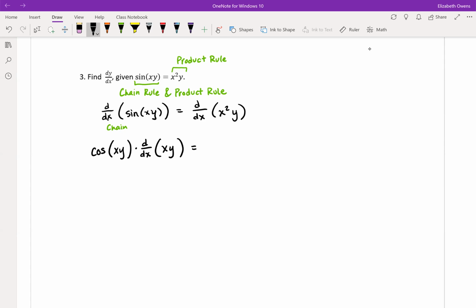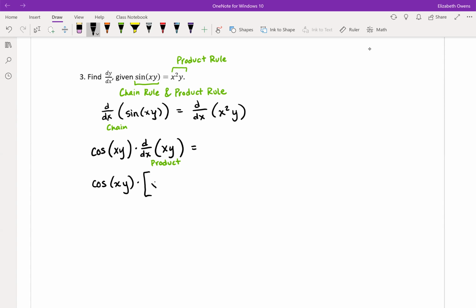Let's go ahead and finish this left-hand side by doing our product rule for xy. So bring cosine along. That one's done, no more derivatives to take there, but we do have to do this part.